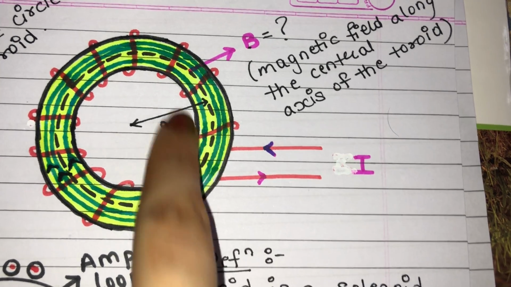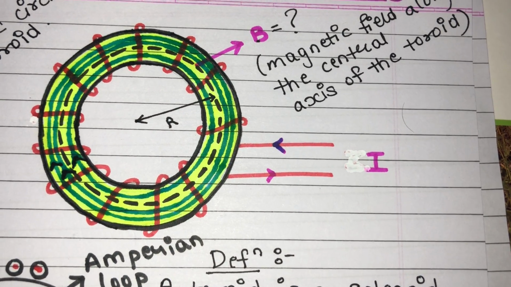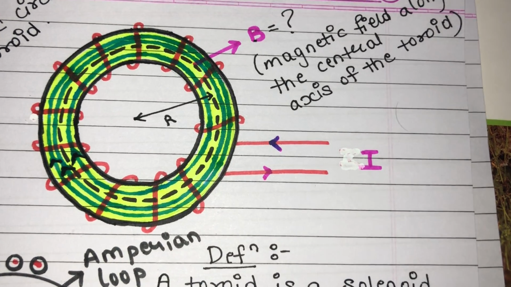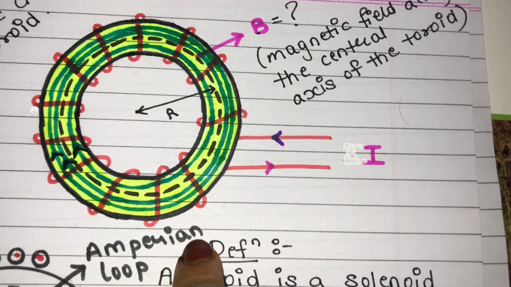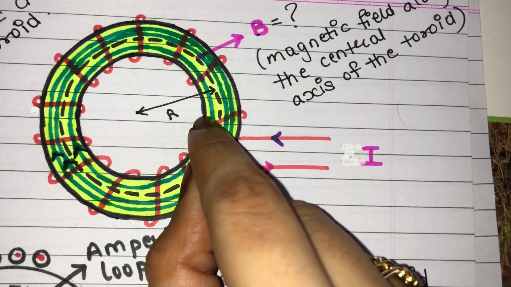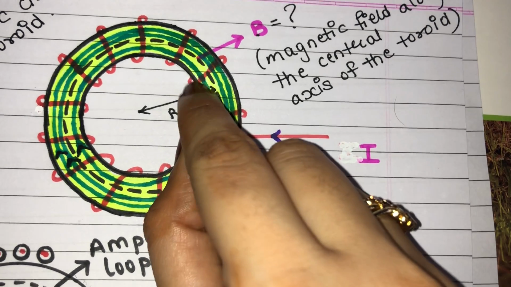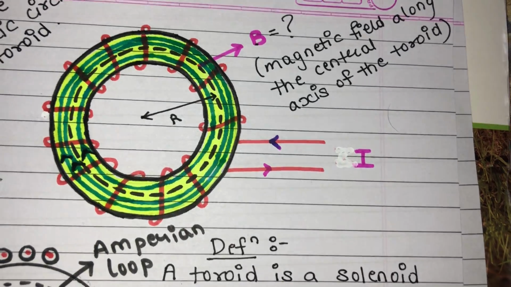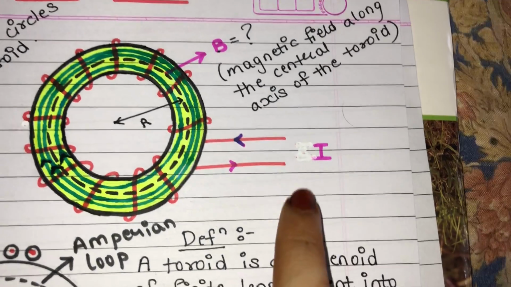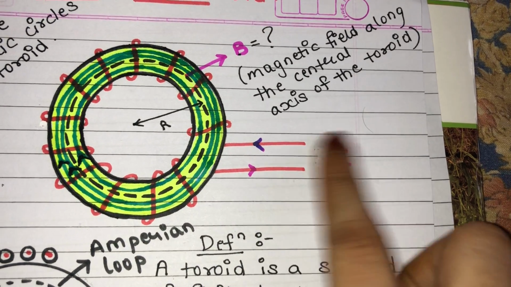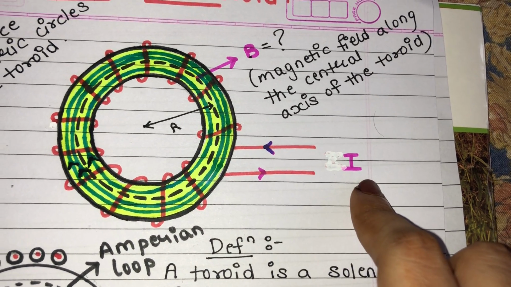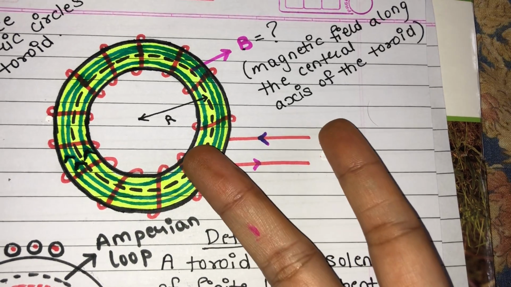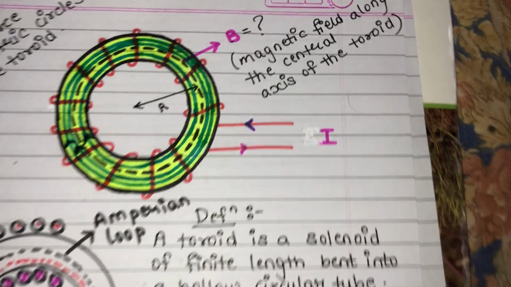I is the total current flowing through the toroid, and small i is the current flowing through each turn. So what will be my total current? Total current will be the number of turns times the small current.